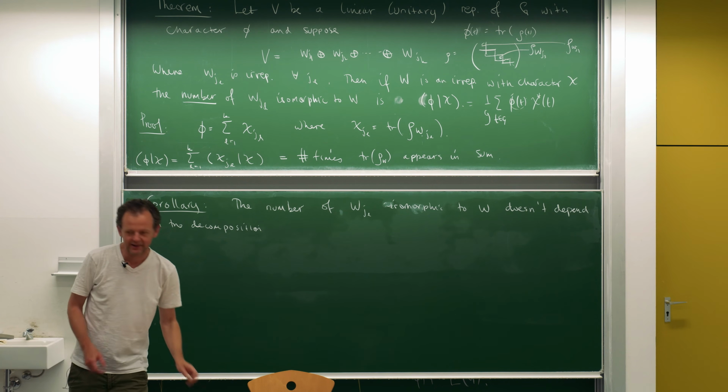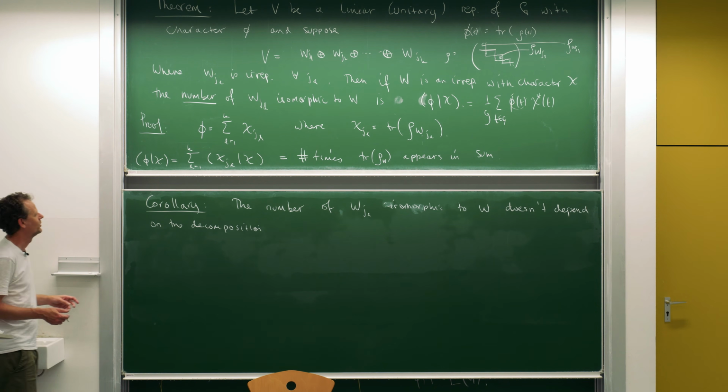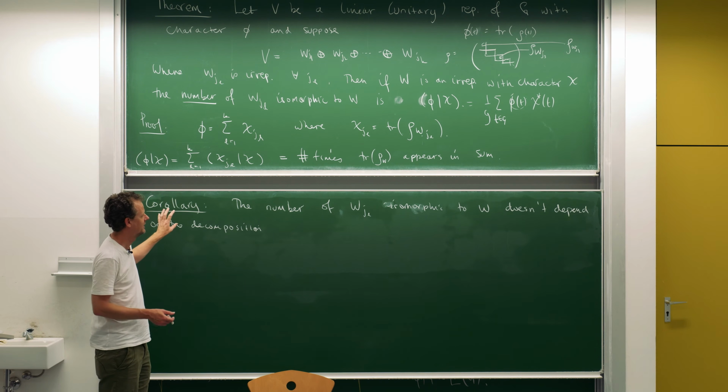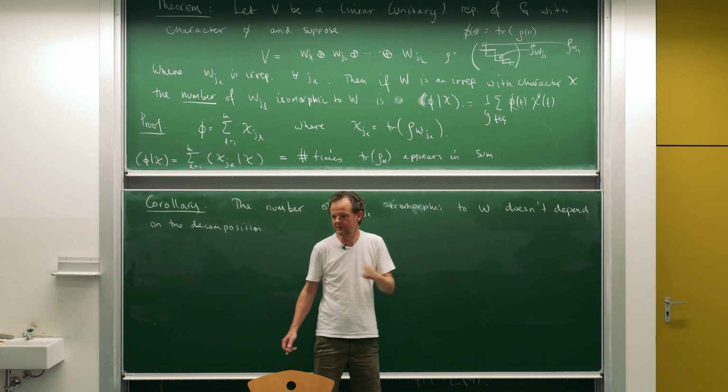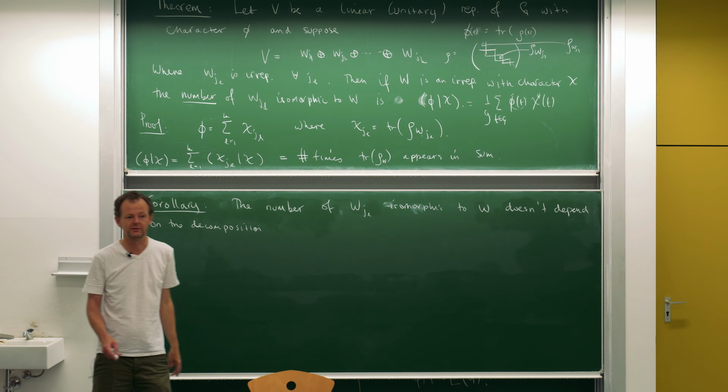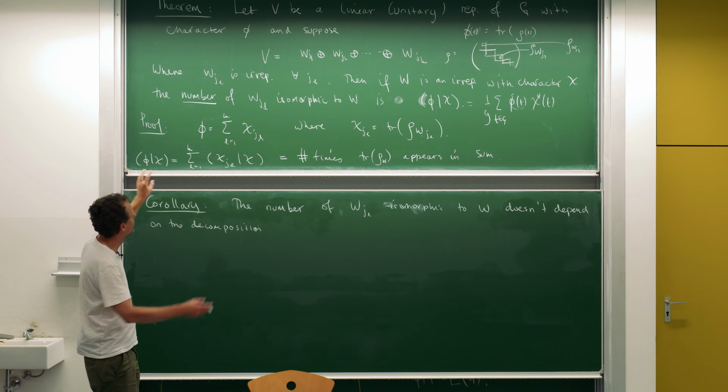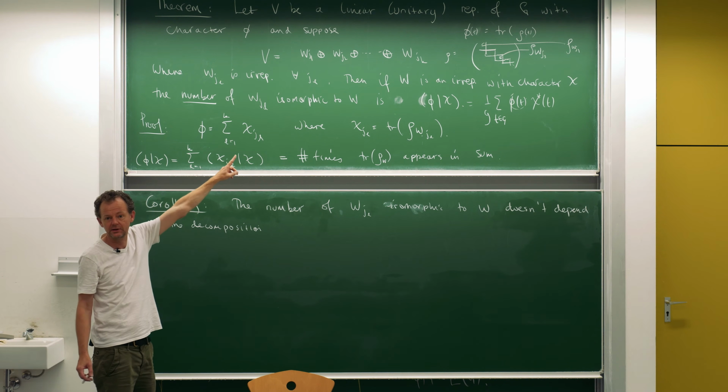That's a bit cheeky. Okay. The number of times that this W_j is isomorphic to W doesn't depend on the order of terms in that decomposition up there.